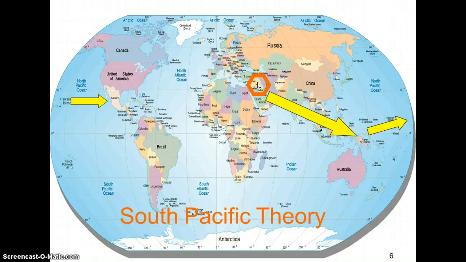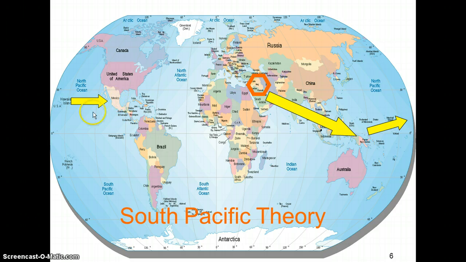This seems to make more sense weather-wise because most people would be more likely to travel where it's warm. It also seems to make sense to explain why these civilizations, the Aztecs, Incas, and Mayas in particular, were more developed and more complex societies than those up here in North America or even those down here. Seems like they might have been in this area longer.